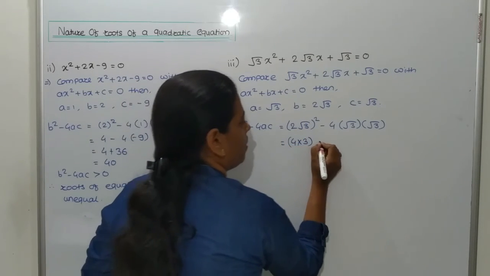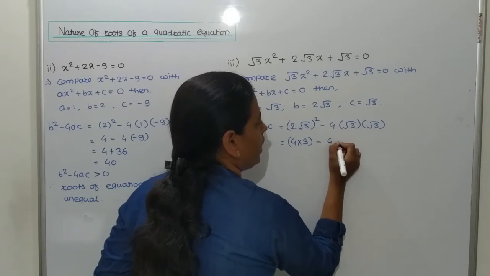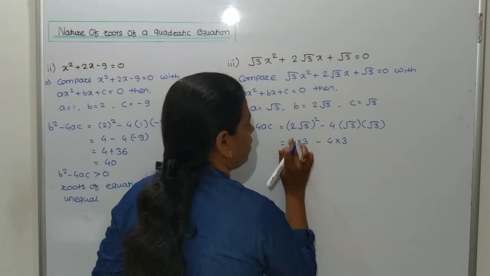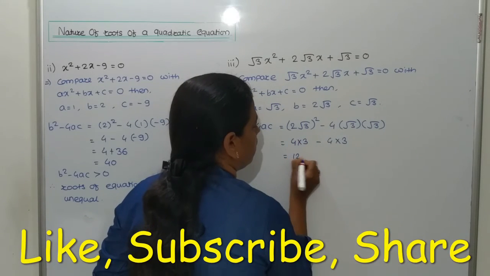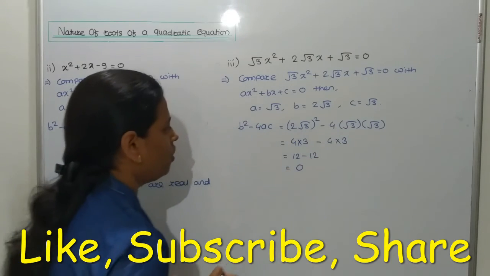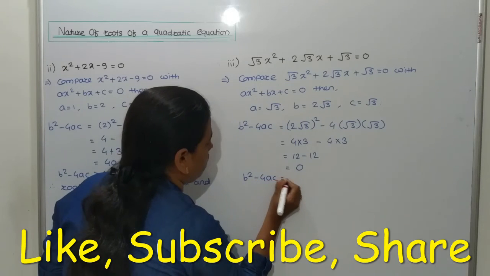Clear? Minus 4, root 3 into root 3, that is 3 itself. Then 4 into 3, 12, minus 4 into 3, 12. So 12 minus 12, that is 0. So b square minus 4ac is equal to 0.